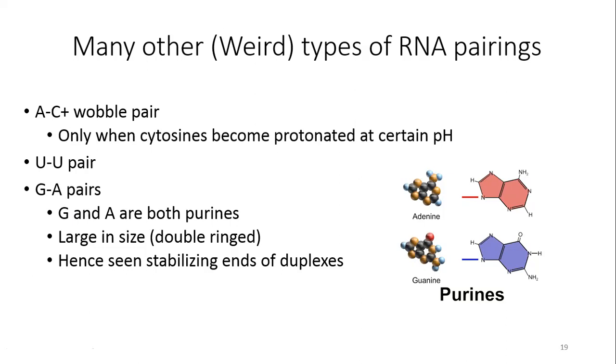Hence this G-A base pairing is usually seen in RNA associated with a stabilizing effect at the ends of the duplexes. So these are all alternative base pairs that people have documented and published in the literature.